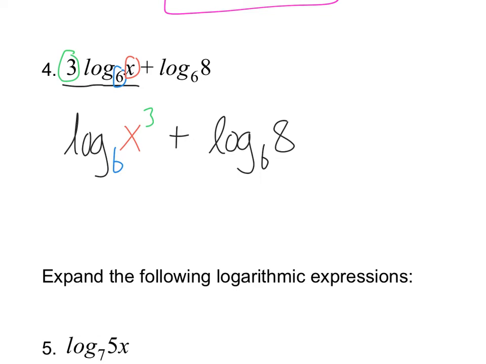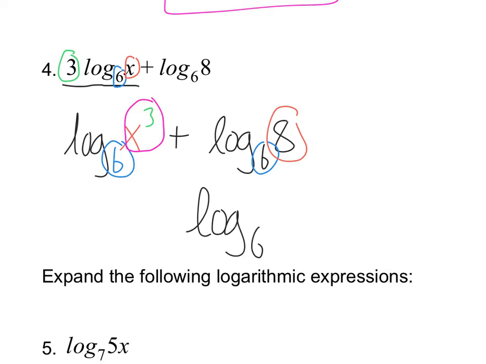So now I've got some good stuff. I've got base 6's here, and then I'm adding. So since I'm adding the same base, I can multiply. Let's use purple for this, or pink for that, and then let's use the red over here. So really all I'm doing is combining. So this is the same thing as log base 6 of 8x to the 3rd power.